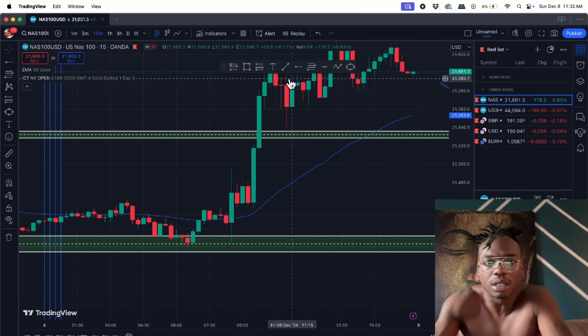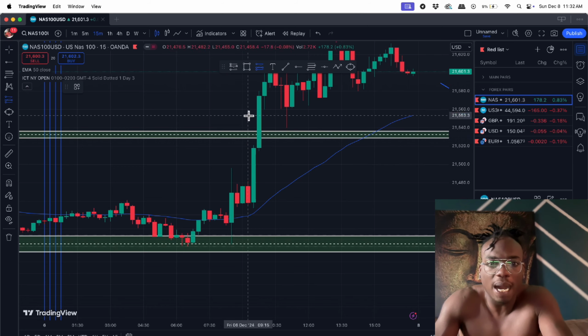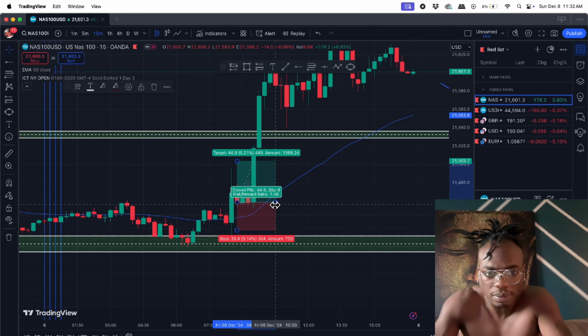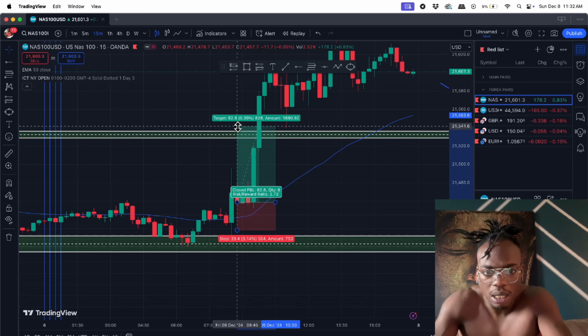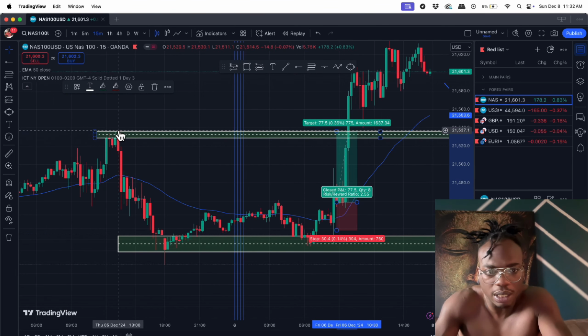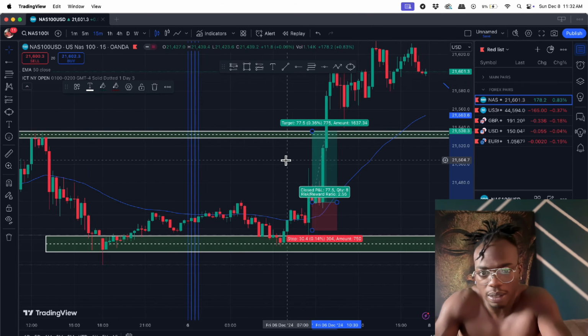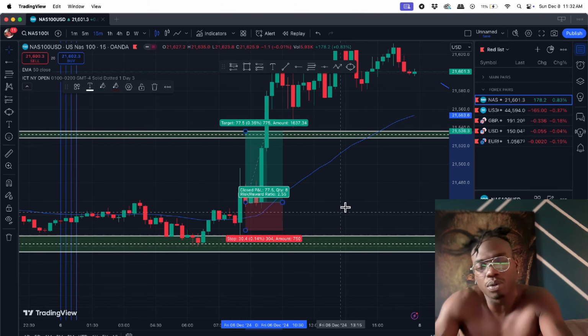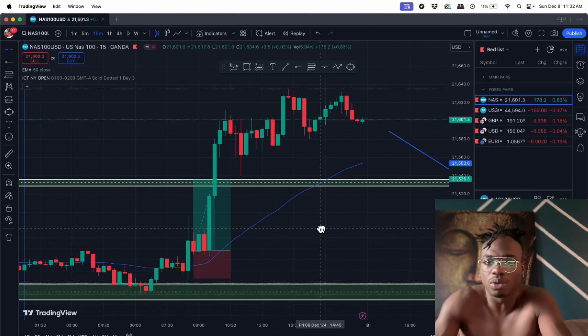So we could have placed a buy realistically right here, right? Gonna grab us a 30 pip stop loss, targeting here, which would be these highs over here, to get a 1 to 2.5 risk to reward.